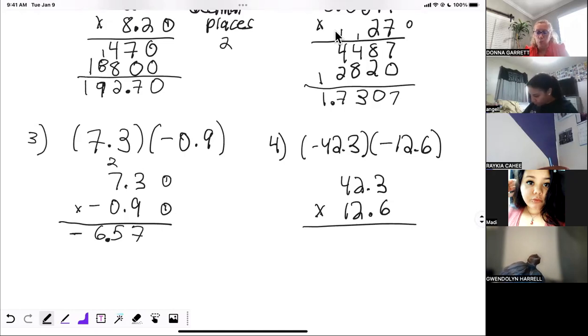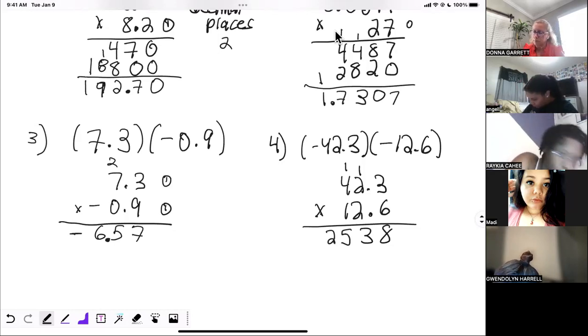this the same way. So 6 times 3 is 18. 6 times 2 is 12 plus 1 is 13. 6 times 4 is 24 plus 1 is 25. Now I'm gonna put a 0 for the tens place. 2 times, let me erase these because I need to get them out of the way.